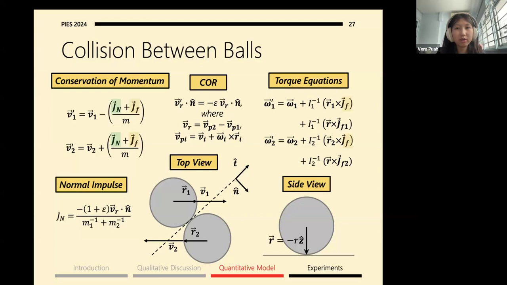Then we look at the torque equations, where you incorporate these impulses into the exact same equations we had earlier, and essentially just use L equals I omega. We also use the same coefficient of restitution equations from earlier, except now it's for the balls, and also compute the normal impulse using the equation below.